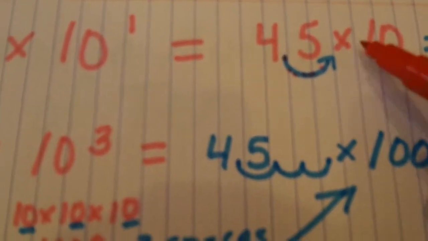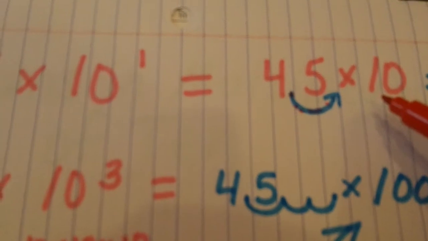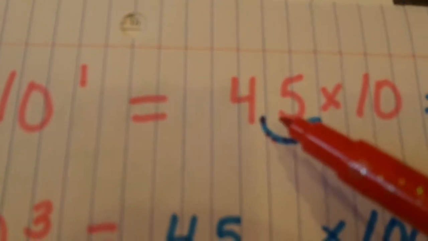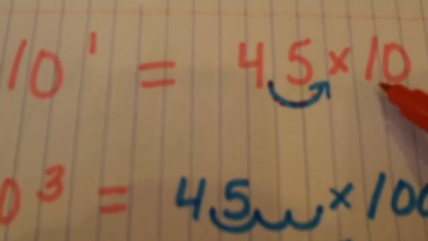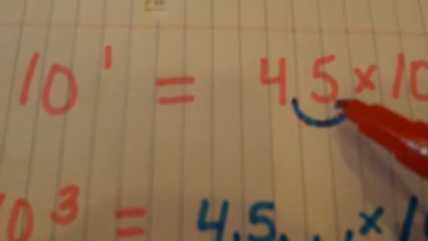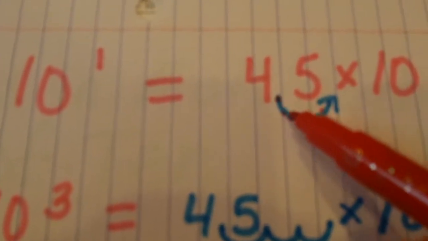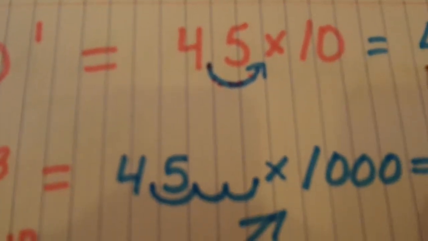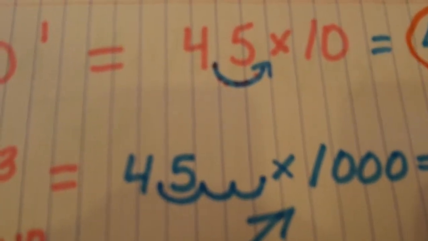Now, what that means is I am going to have to move the decimal because this is a decimal problem. So my decimal is here. I want to make my number bigger because remember I'm increasing it by a base of 10. So my decimal is going to move one place to the right for a total of 45.